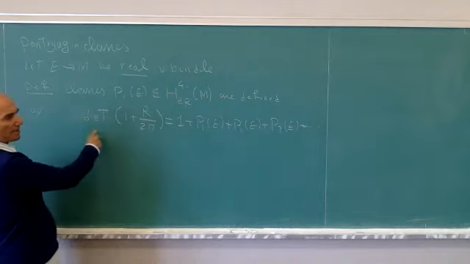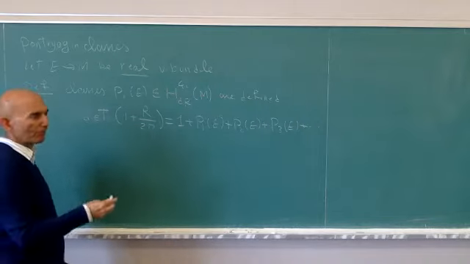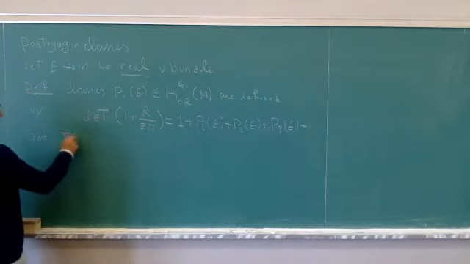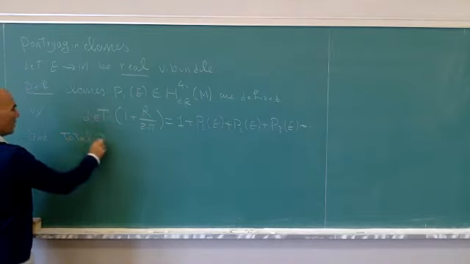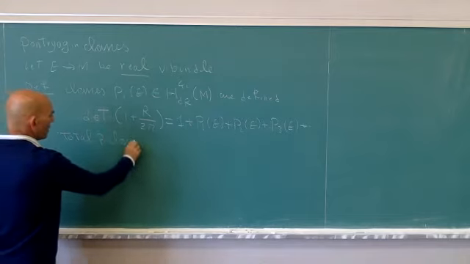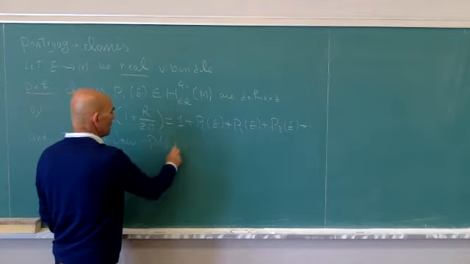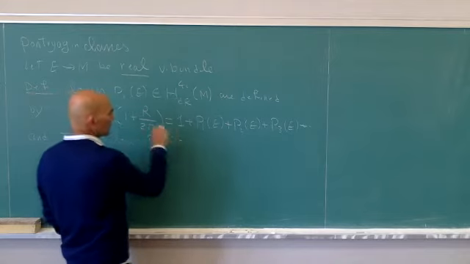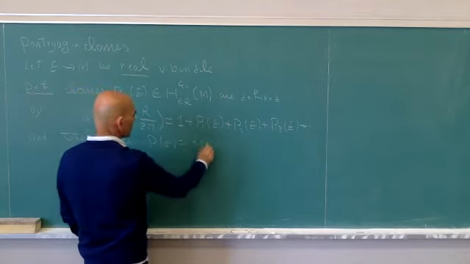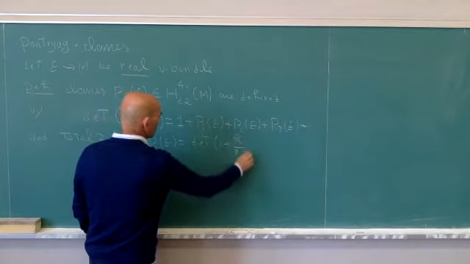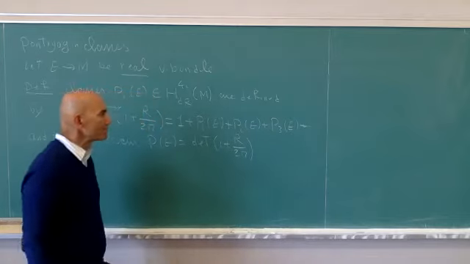The total Pontryagin class is denoted by P of E, which is just the determinant of 1 plus R over 2 pi, right?